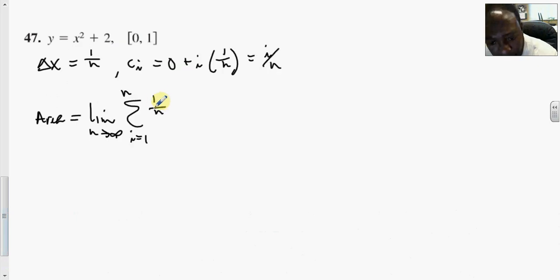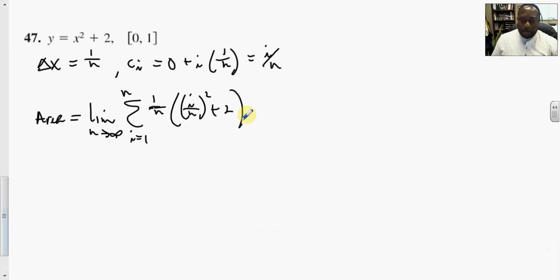So 1 over n times the function, which is x squared. So that's going to be the i over n, squared, plus 2. And so, let's see here. Hopefully this will work.